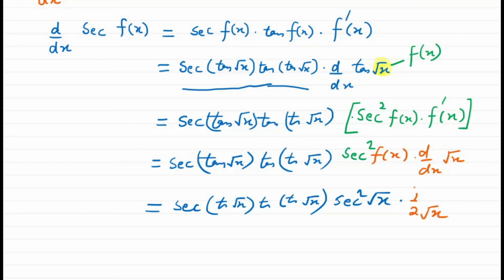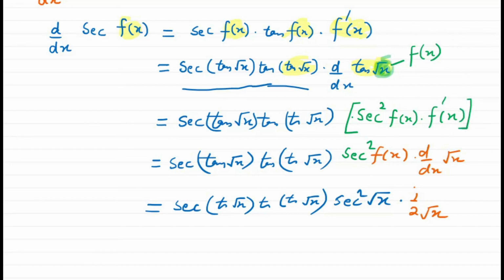Just take a look once again. So here in the beginning this was our f(x), so here f(x) was just this one, tan root x. Here also tan root x will come, and here we will do the differentiation of this. So here we have done the differentiation, here this function came. Now afterward, next time we have taken some other function as your f(x), so that function was this one, root x.